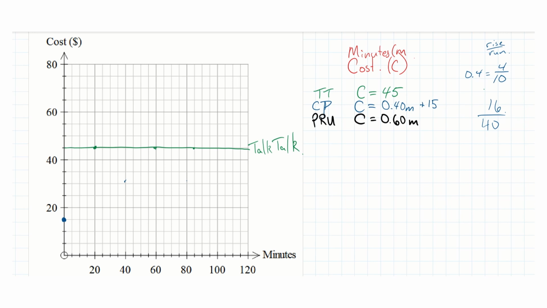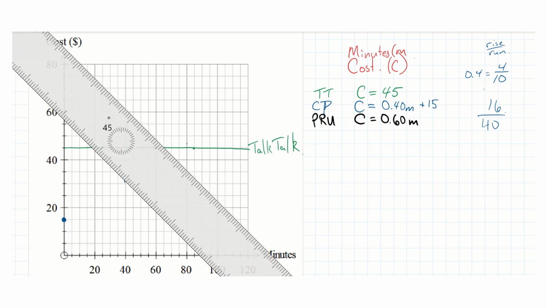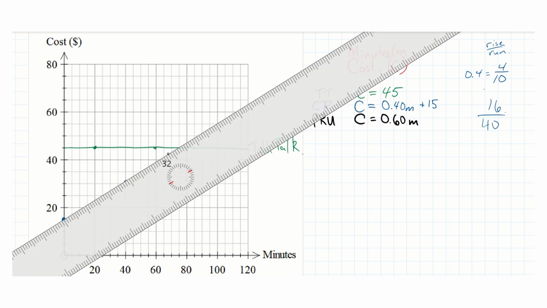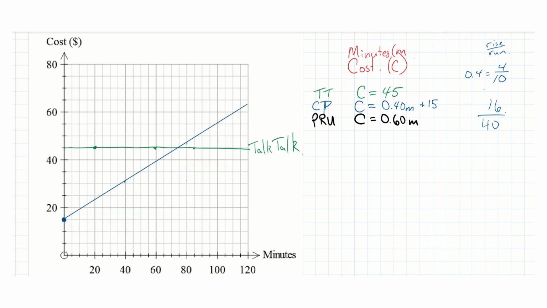And then I can just put a nice clean line on my graph that lines everything up. I've even used a ruler, so I can put it all in order so that it looks pretty.